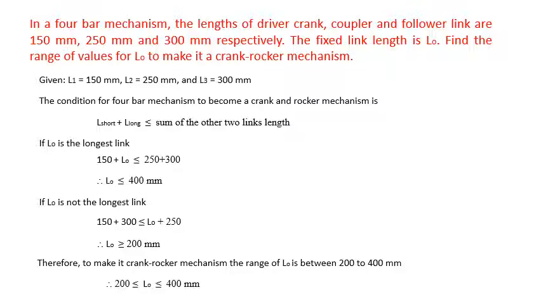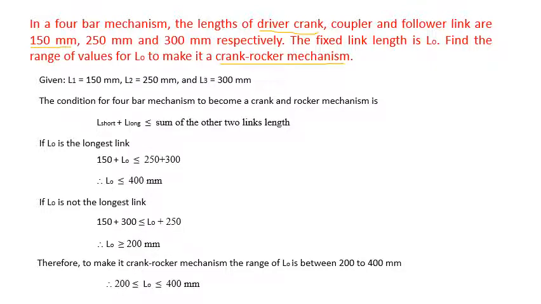So in this problem, if you see the given statement, clearly it is mentioned, length of the driver crank. So in order to obtain a crank rocker mechanism, the shortest link should have rotational motion. Therefore, 150 is the shortest link.